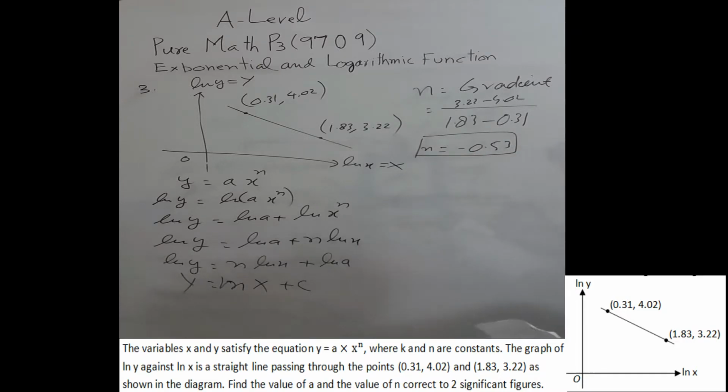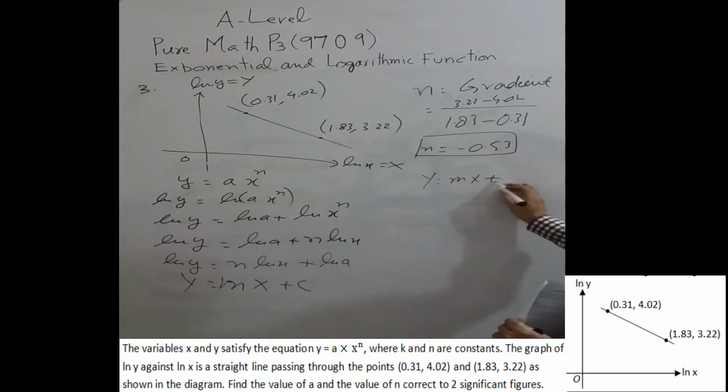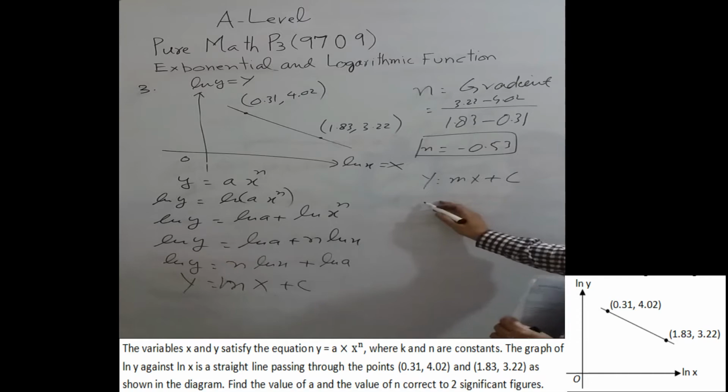Now to find c, how will you find c? You have to use one of the points and put into this equation. Using this equation, now y is equal to mx plus c. Now we have found the gradient. Now using any point you can take, for example, this point, 0.31 and 4.02.